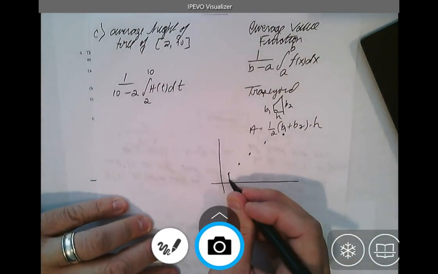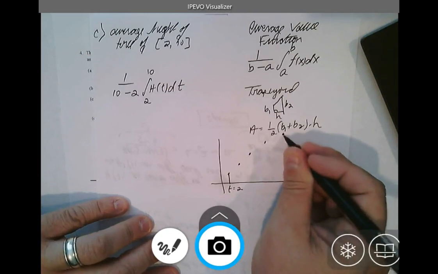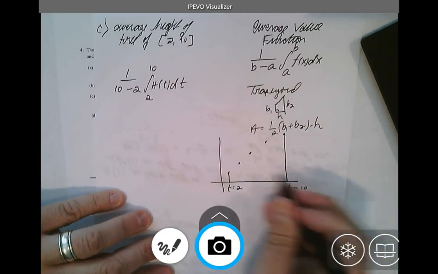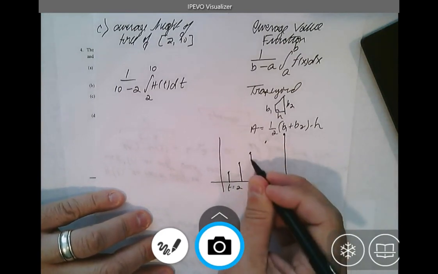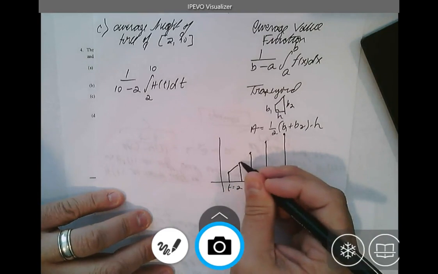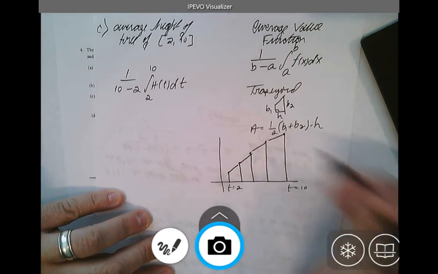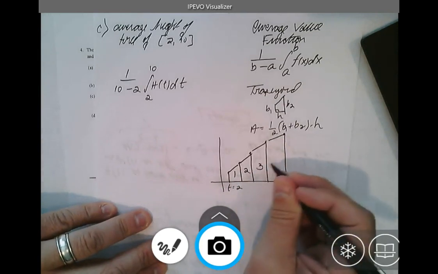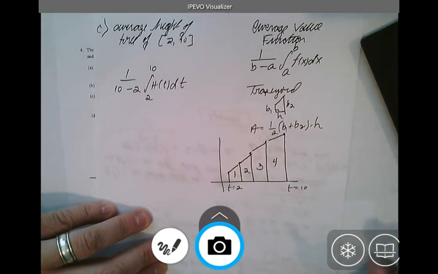I'm going to approximate the area from 2 to 10 using these intervals that they gave us. I'm going to make my trapezoids. Here's trapezoid 1, 2, 3, 4. Again, not drawn to scale. For each of these trapezoids, I need to find the area.